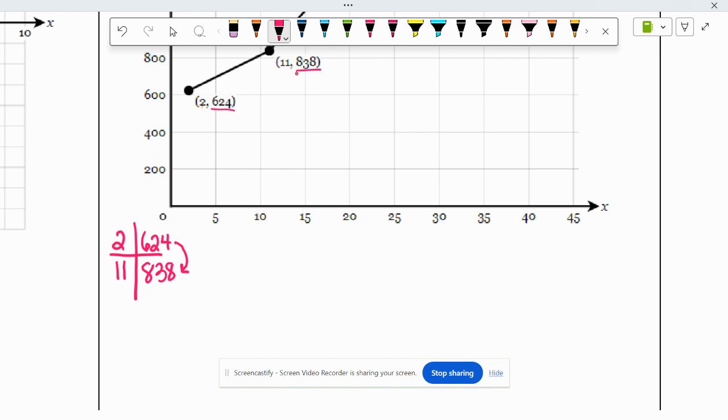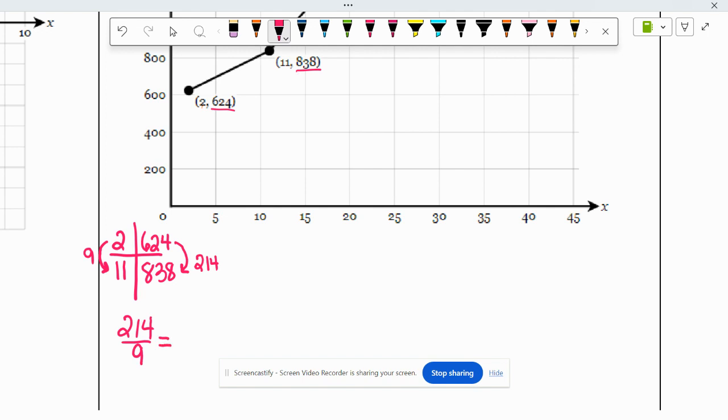By how much? Well, you could just take 838 minus 624 and you should get 214. Yes. Is x getting bigger or is it getting smaller? By how much? 9. So what is 214 divided by 9?